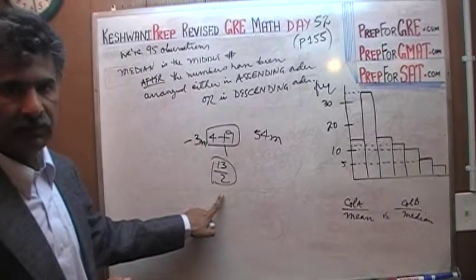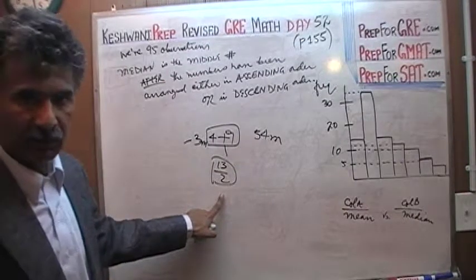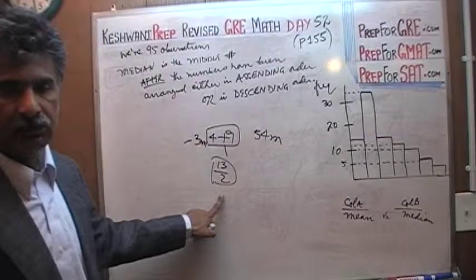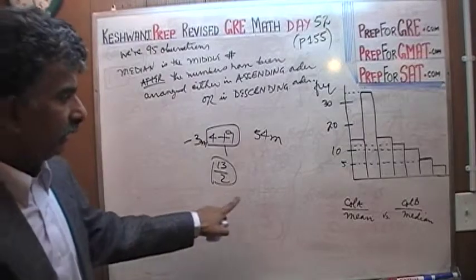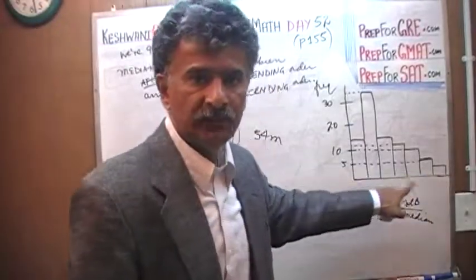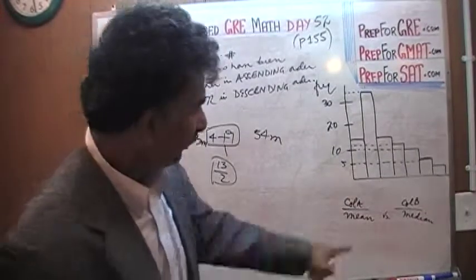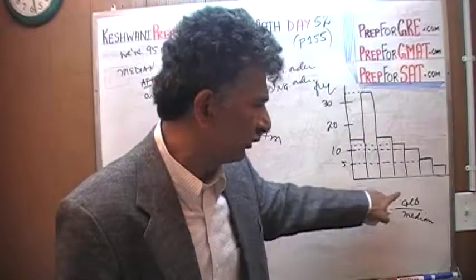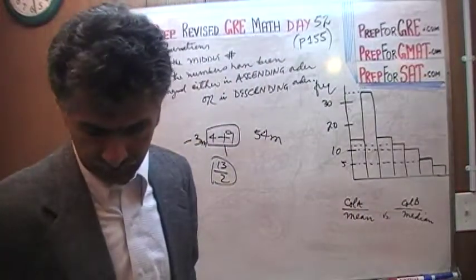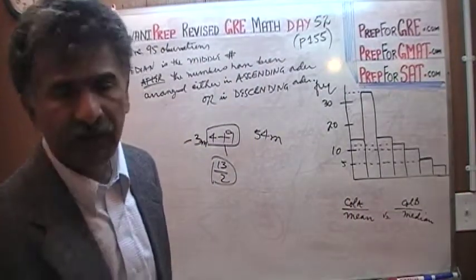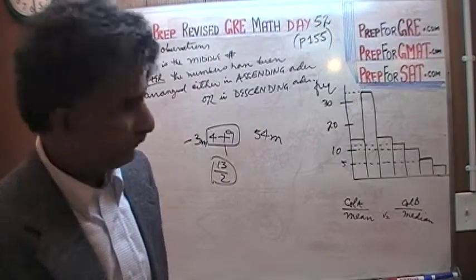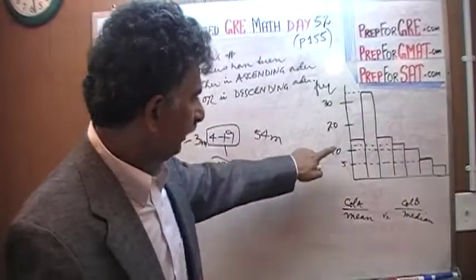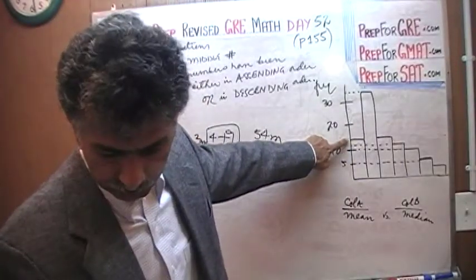Median simply means the number that is sitting right in the middle after the numbers have been arranged in proper order. Well, here all the observations are already arranged for us. If you look at the table there, I don't have the room to squeeze everything in here, because it's going to look very crowded. The observations 1 through 5 are in the first one, and apparently they had 15 of those.